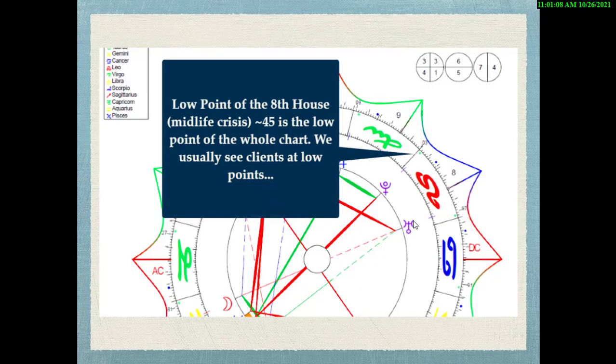So what does this all mean? Throughout any of the houses we have these low points, and even in the 8th house there's this age 45 or so, which is the low point of the whole chart. It reflects the midlife crisis, that whole idea with the age 45 system.